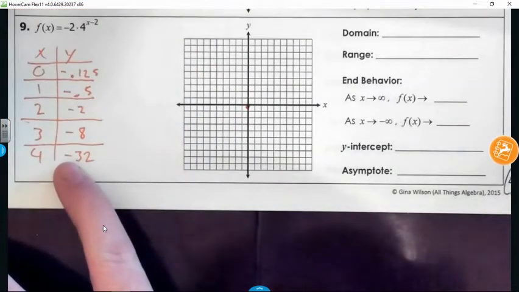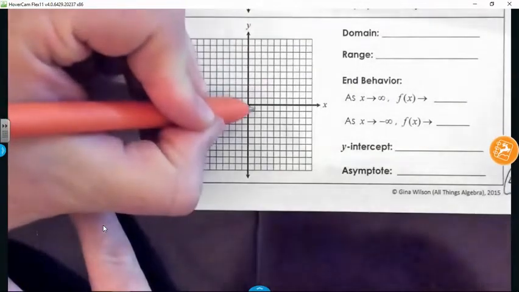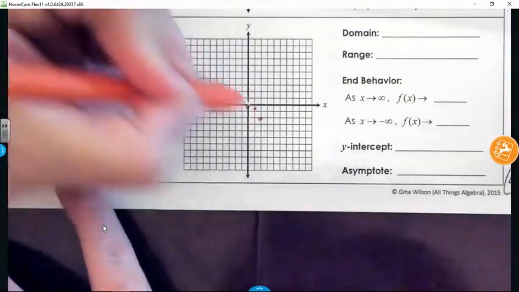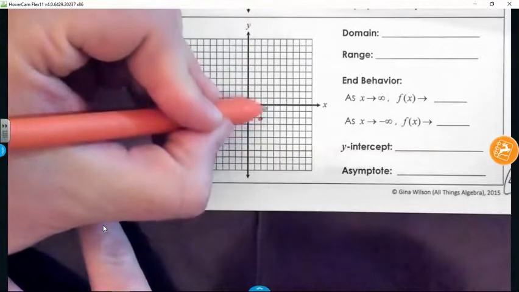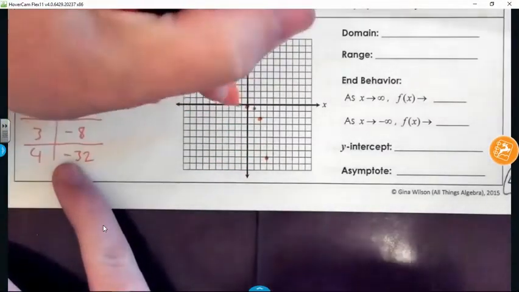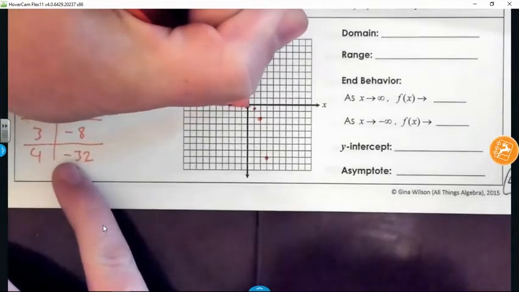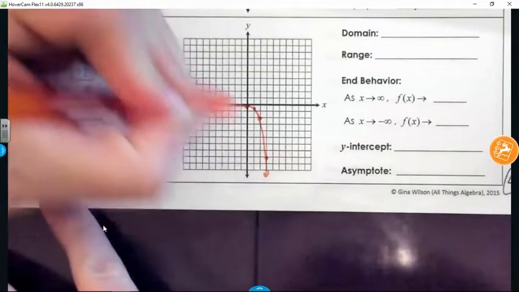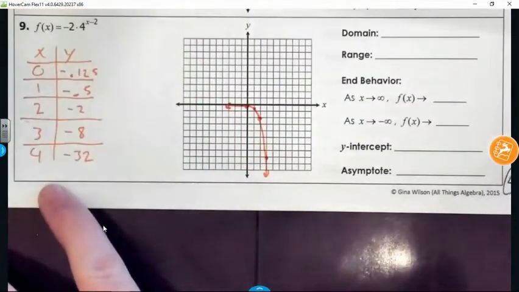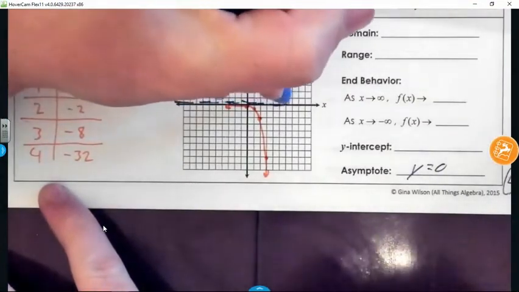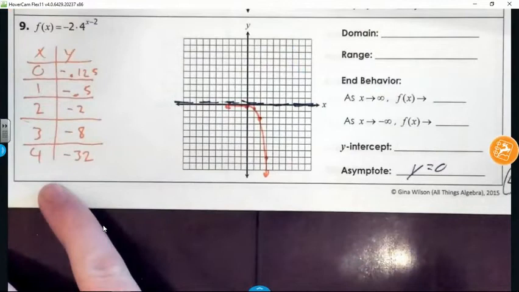Okay, 1 and negative half, 2, negative 2, 3, negative 8, and then I'm off the grid after that. I didn't move up or down, so I do not have a vertical shift. So that means my asymptote is going to be the x-axis, which is y equals 0. So my asymptote is that line right there.